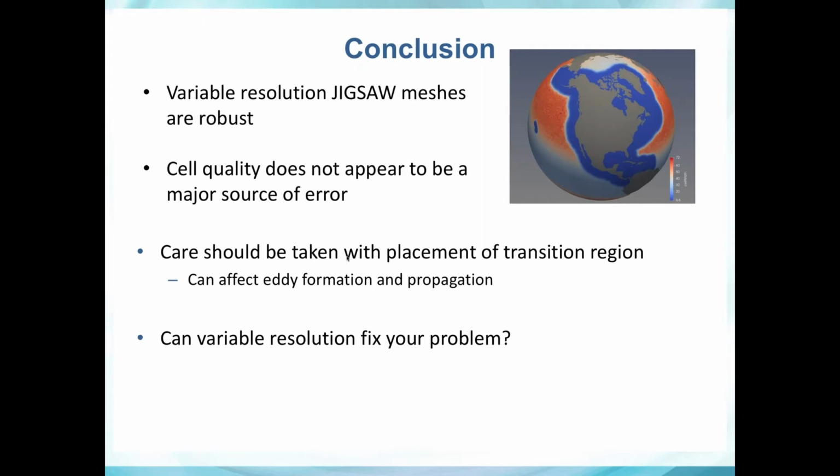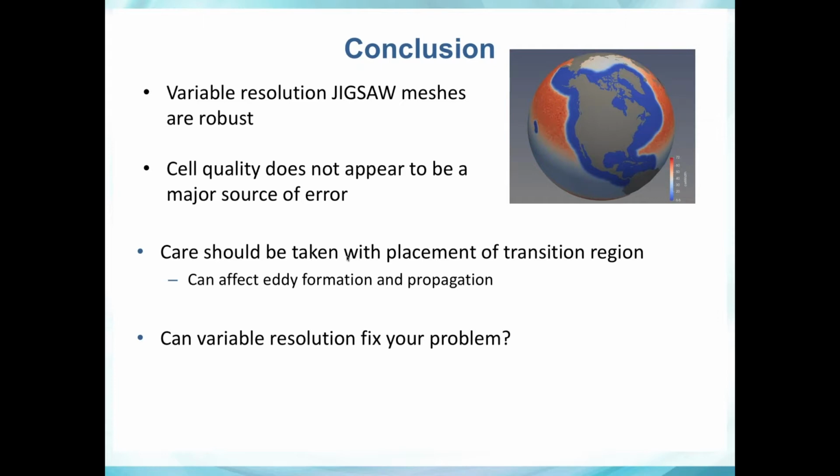And the last thing I wanted to talk about was basically, can variable resolution fix your problem? So in the course of this study and other work we've done, we've run into several situations where variable resolution is perhaps an obvious candidate to fix a bias, but not necessarily the best one.